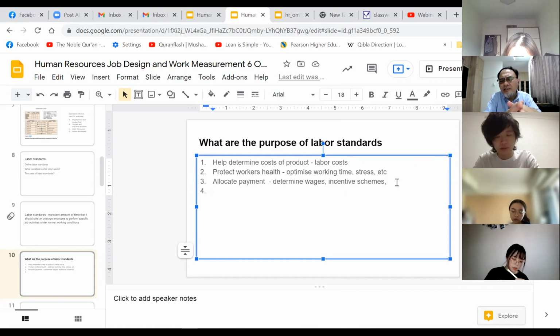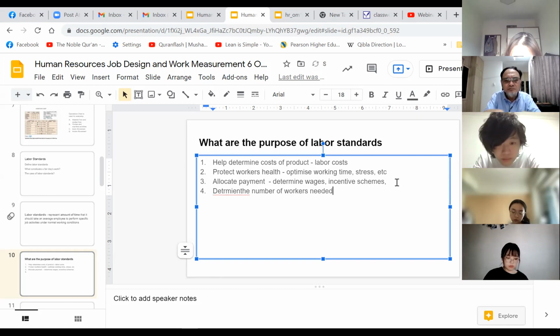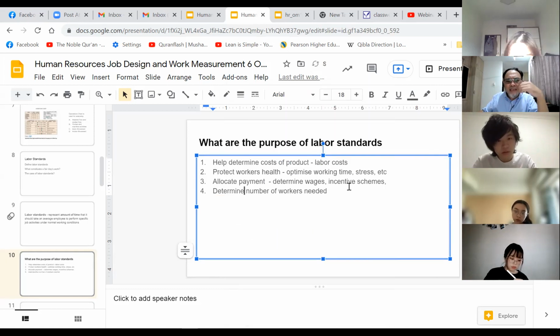What about determining the number of workers? Do you need the time to determine the number of workers needed? If you do not know the time required, can you determine the number of workers to do the job?